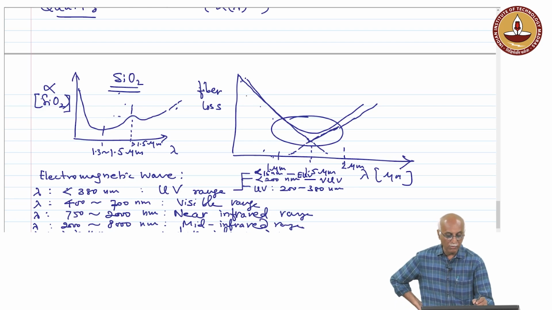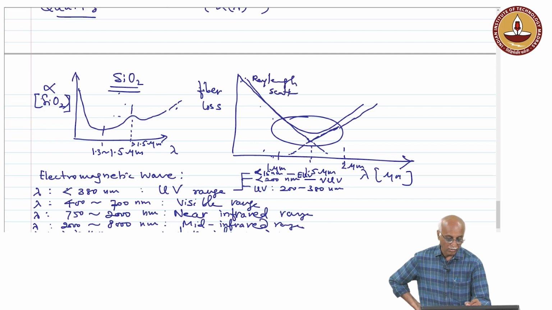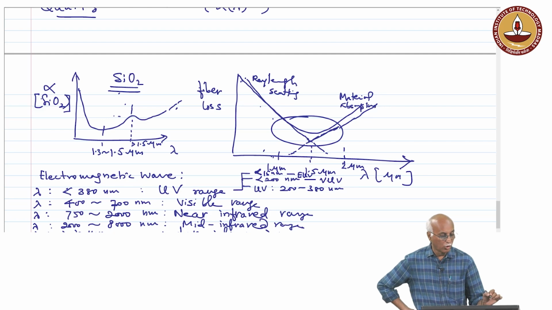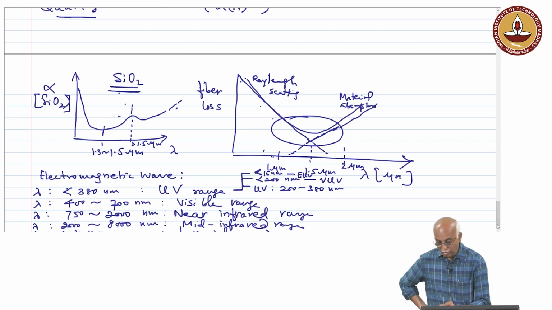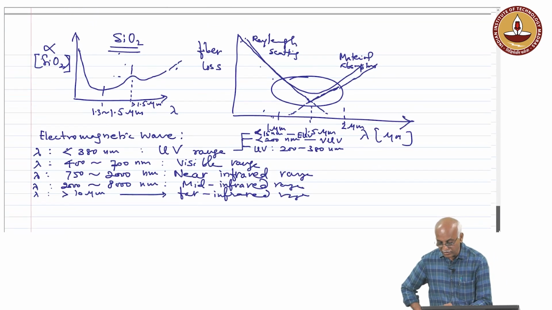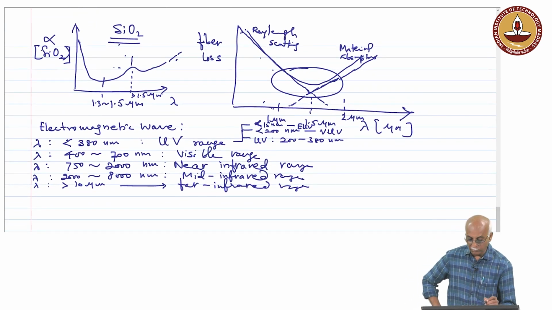In the UV range, losses are because Rayleigh scattering is prominent, and in the infrared range, material absorption is prominent. Of course, we may be using optical fibers of a smaller length, so the losses may not be so much, but still the losses play an important role.